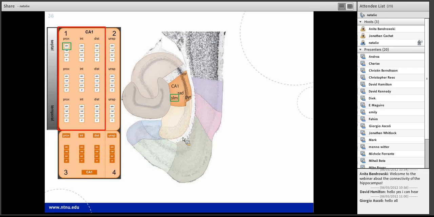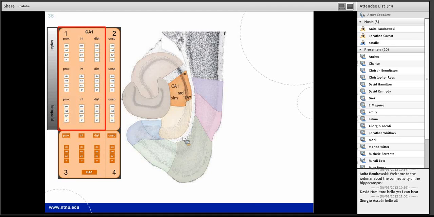In the white boxes, we find the layers of area CA1, which are stratum moleculare, stratum radiatum, stratum pyramidale, and stratum oriens. In addition to the layers, also the proximo-distal axis of CA1 is visible. Finally, information can be displayed along the septotemporal axis of CA1.